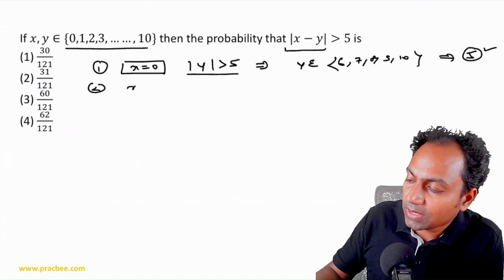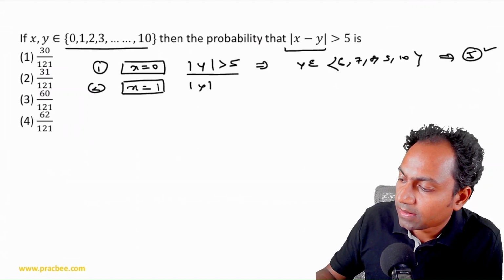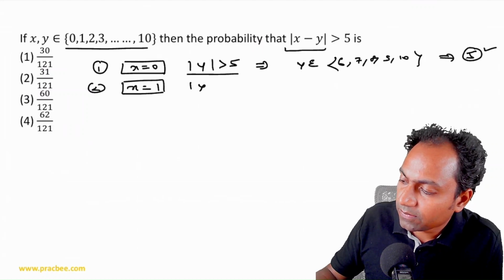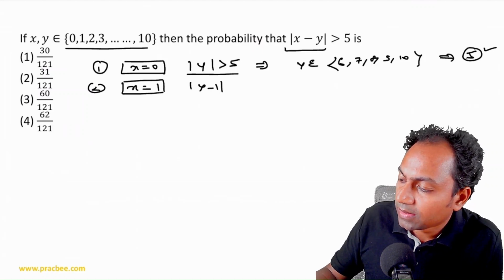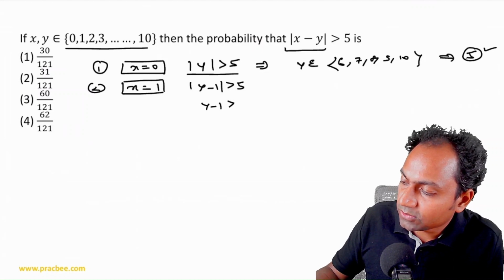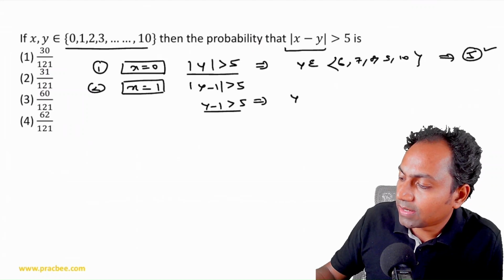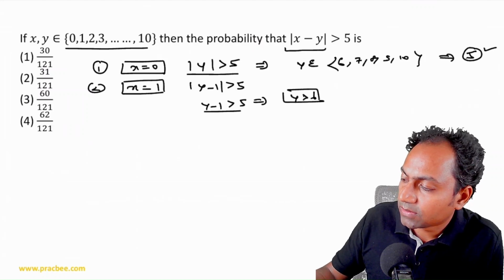Second is, if I put x equal to 1. So mod of y minus 1 would be greater than 5. So corresponding to this, y minus 1 would be greater than 5. And that would mean y should be greater than 6.